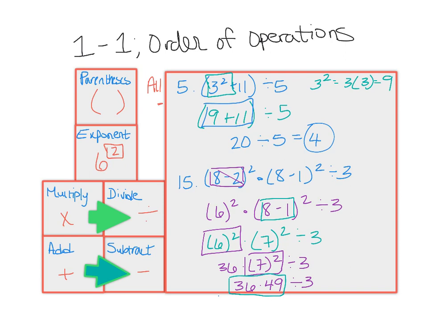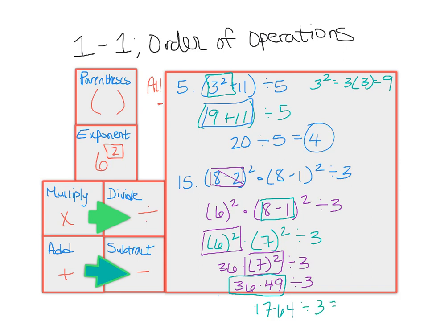That is a big number that I don't want to work in my head, so we're going to get a calculator out and we're going to do that real fast. 36 times 49 is 1,764 divided by 3.